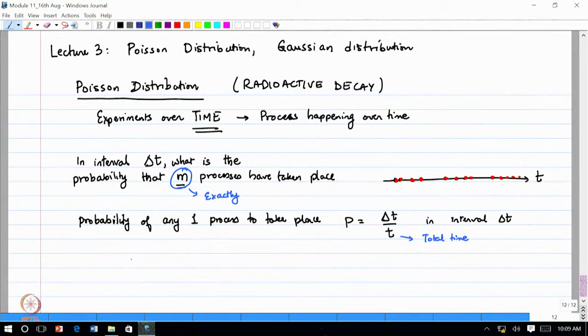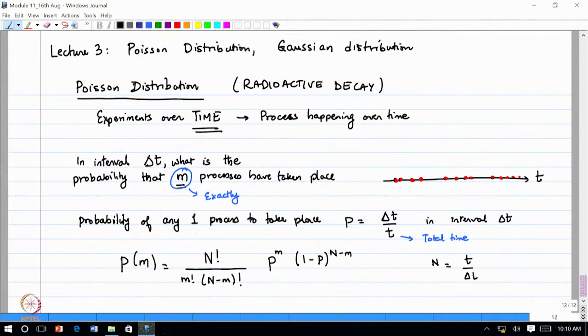So in this case you can write the probability that exactly m processes have taken place as n factorial divided by m factorial times n minus m factorial, just like the binomial distribution, times p raised to m times 1 minus p raised to n minus m, where n is equal to t divided by delta t.